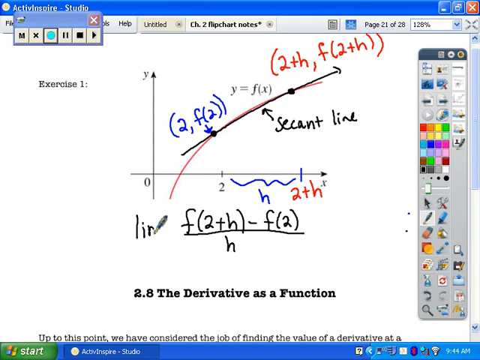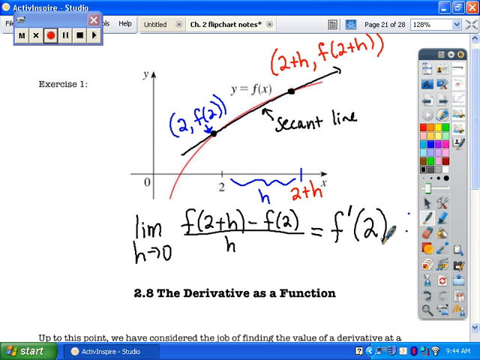I take the limit as what? As h approaches 0. Now once I do that, then what does this represent? The derivative, the first derivative of this function at 2.